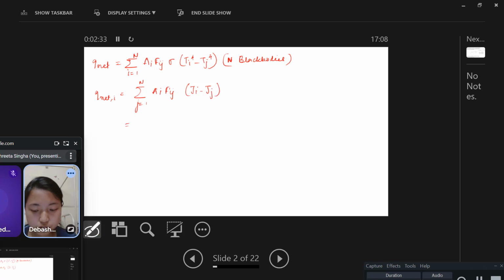Now this is also equal to (Ebi minus Ji) divided by (1 minus epsilon i) over (Ai epsilon i). So this is just like the resistance formula. This is written according to resistance. This is the driving force and this is the resistance for the radiation.